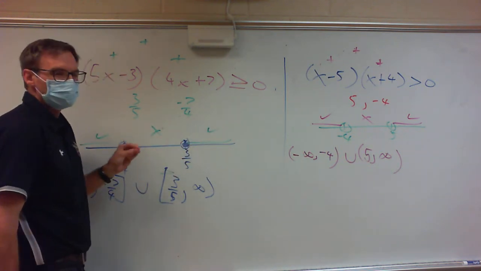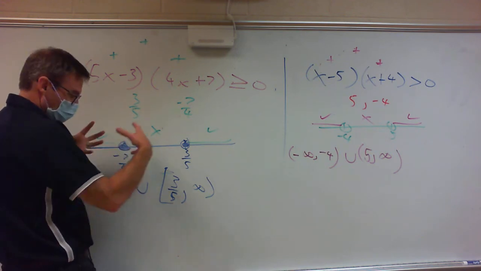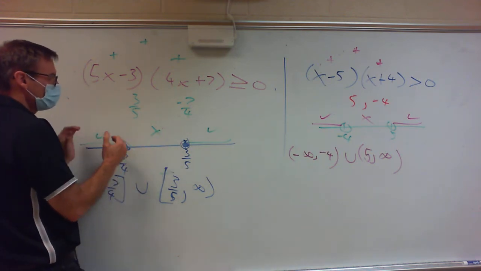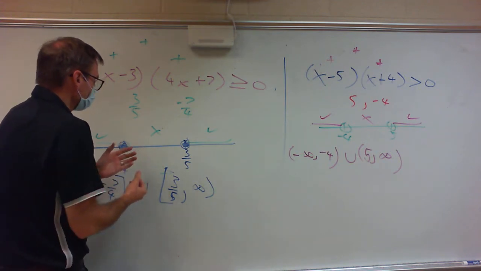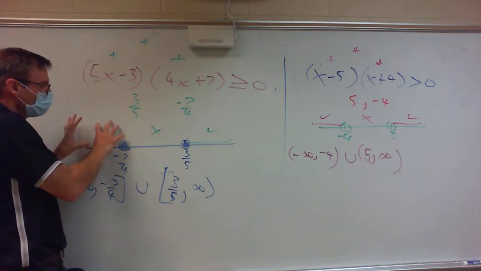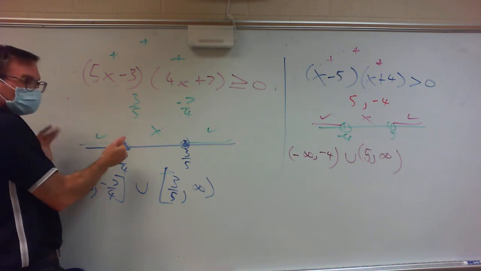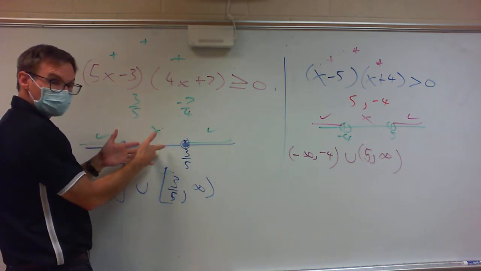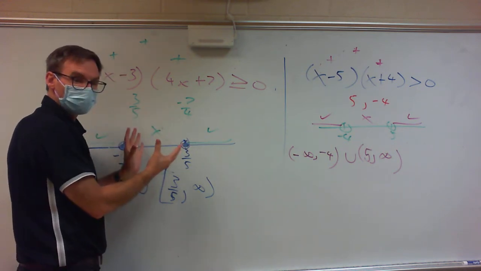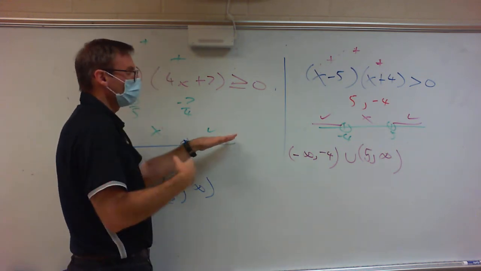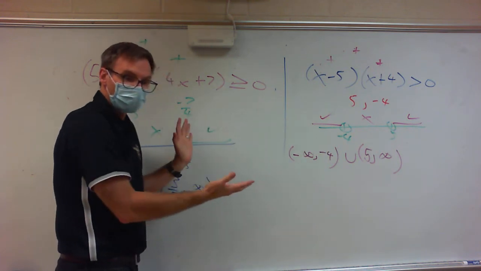And what we're trying to do in this checking process is to check which groups of numbers work. Like when we tested this, we tested one number that worked, that meant this whole group worked. We tested this interval, and one number didn't work, which meant this whole interval didn't work. And when we tested this interval, we found one number that worked, which meant the whole interval worked.